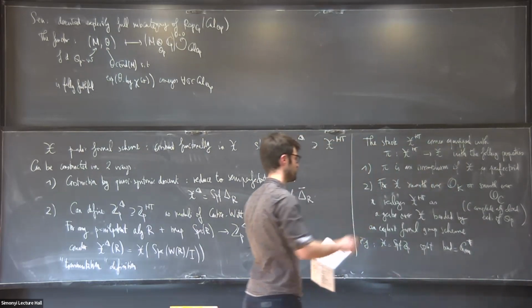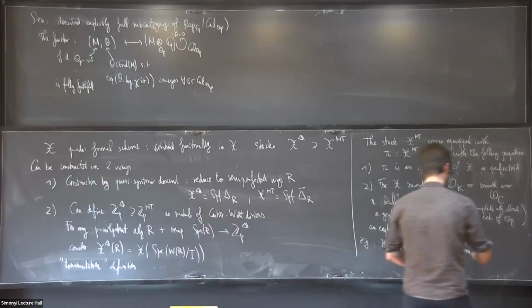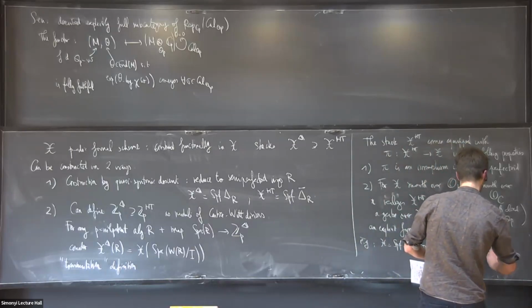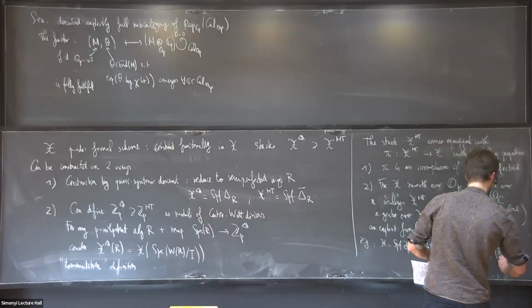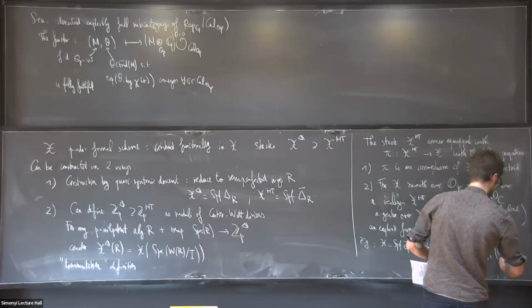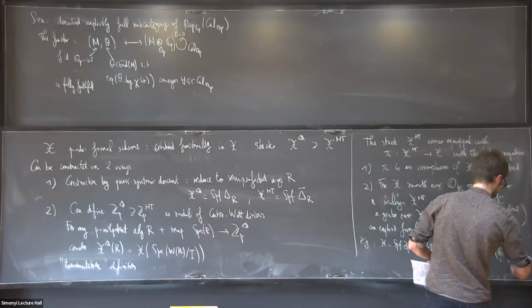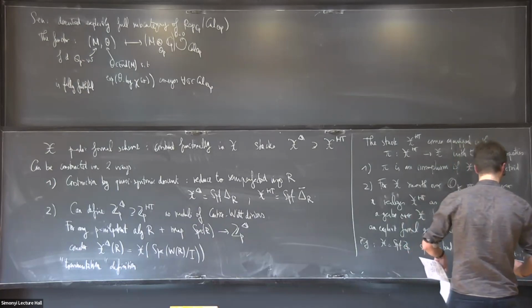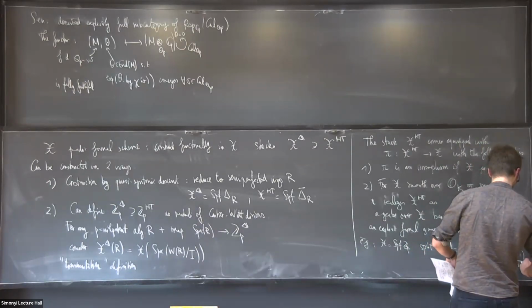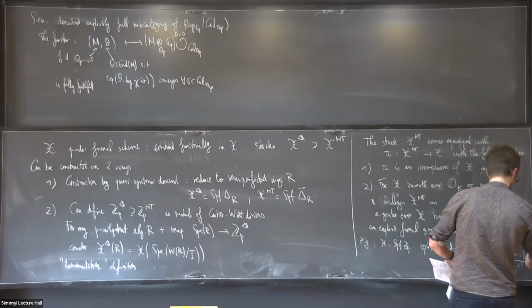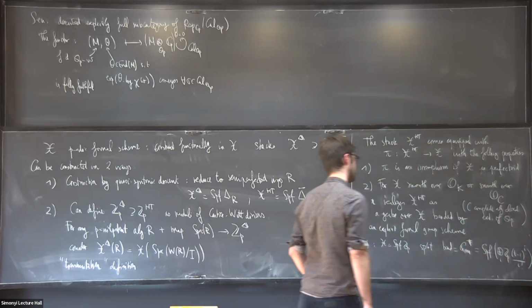It is the divided power envelope of the unit section. So it's the formal spectrum of the divided power algebra in T minus 1, so you add all divided powers of T minus 1.